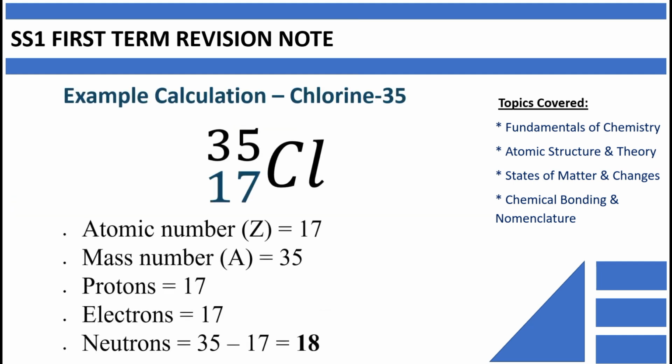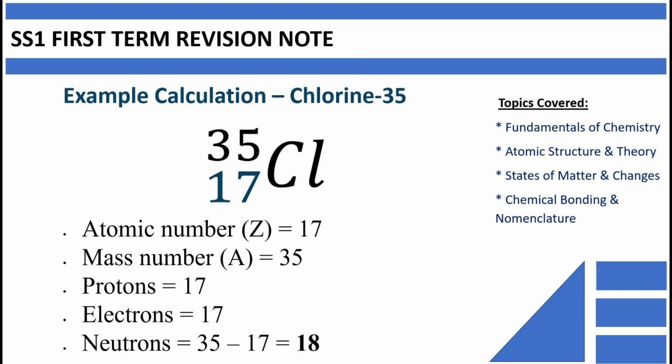It is possible for them to give you an atom, the nuclei of an atom, and ask you to calculate the number of protons, the number of electrons, and the number of neutrons. For instance, we can have something like atomic number of chlorine to be 17 and mass number to be 35, and you are now asked to find the number of protons, electrons, and neutrons.